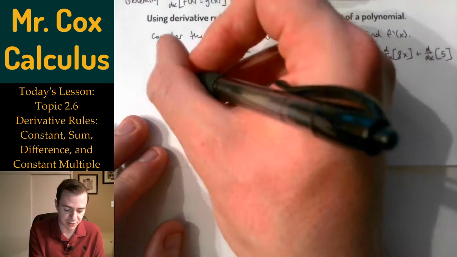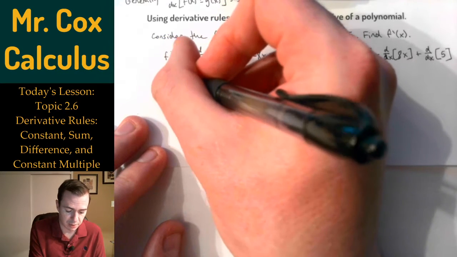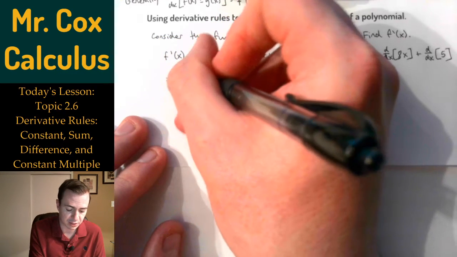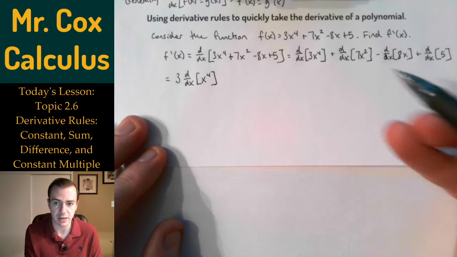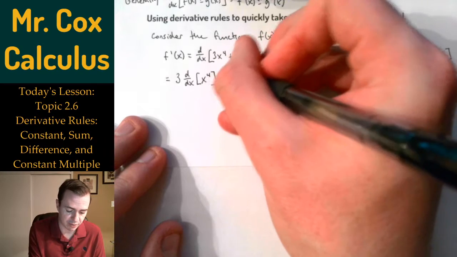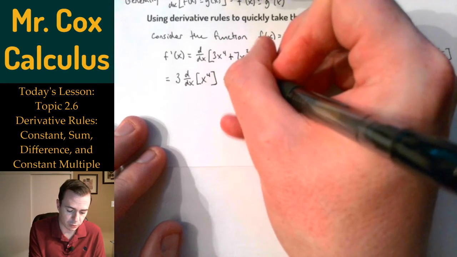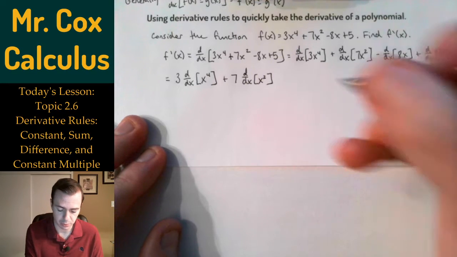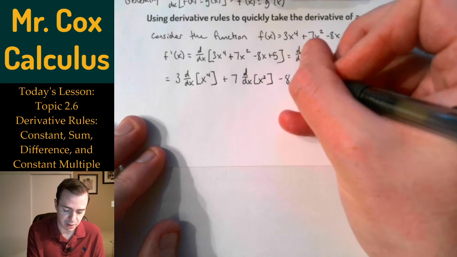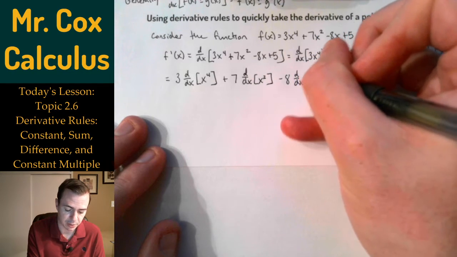So I can write that as 3 times the derivative with respect to x of x to the fourth. I can do the same thing with 7 right here. So I can say plus 7 times the derivative with respect to x of x squared, minus, I can pull the 8 out, so minus 8 times the derivative with respect to x of x.